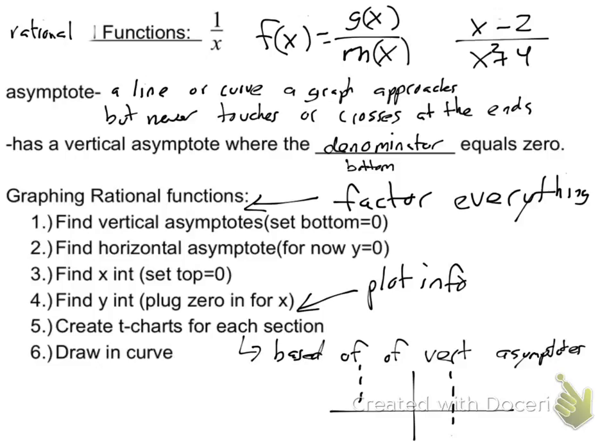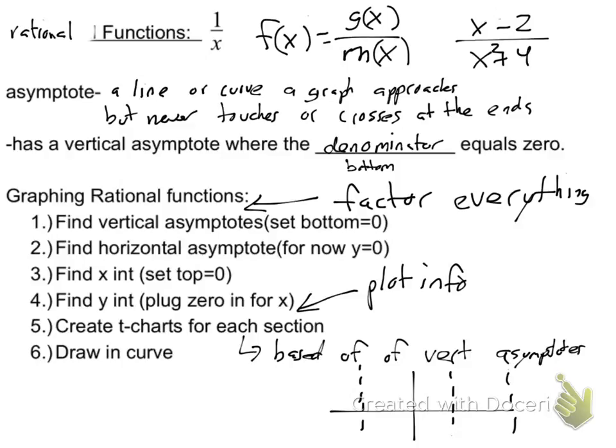If I happen to have two vertical asymptotes, how many sections are there? Three. I got the far left, I have a middle, and a far right. If there are three vertical asymptotes, what do I do? One, 2, 3, 4. It always seems to be one more t-chart.